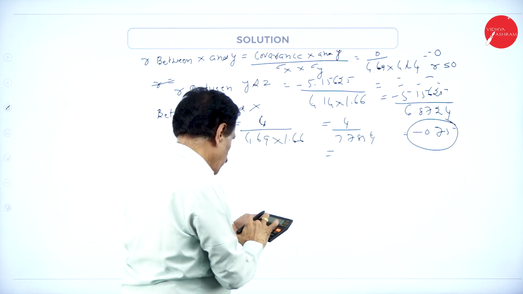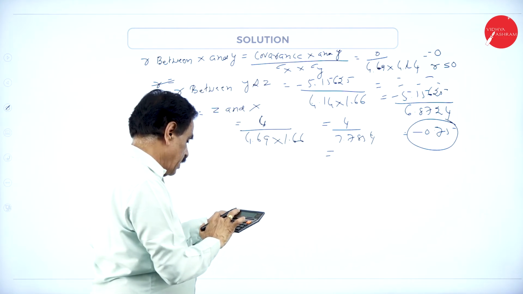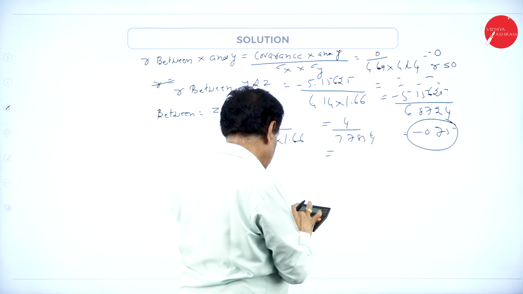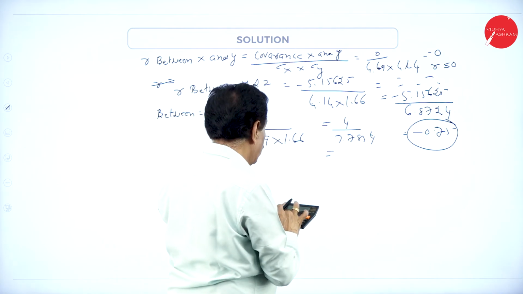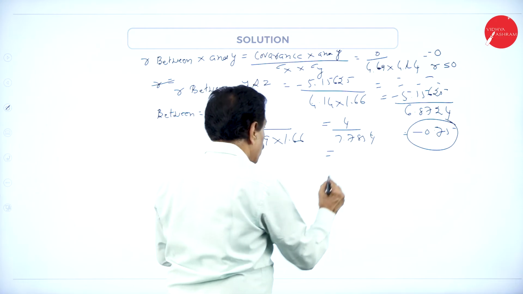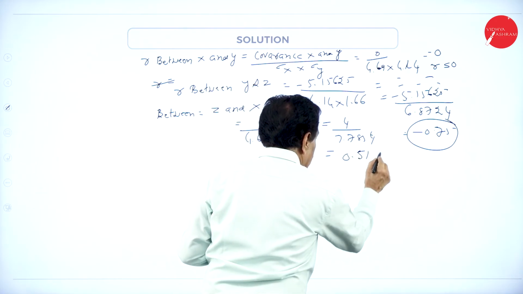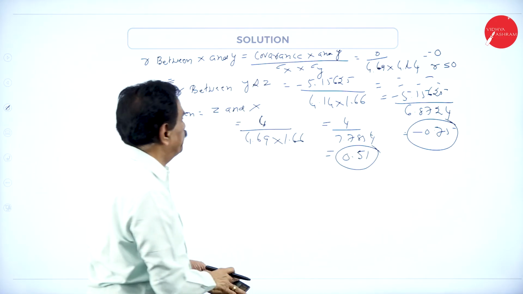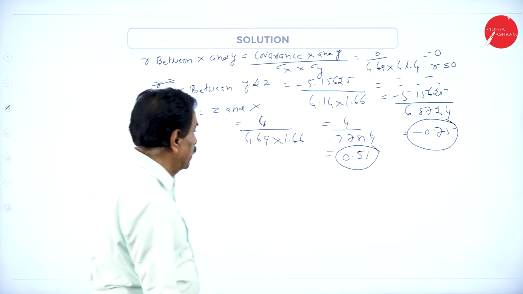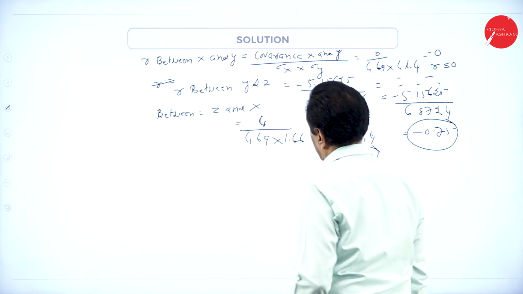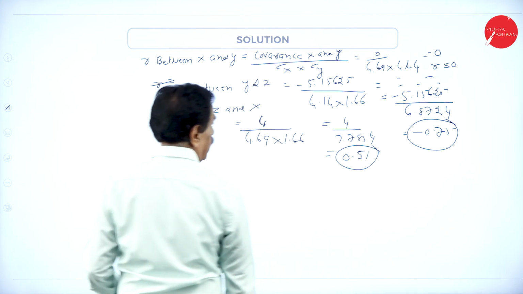Divide 4 divided by 7.7854, 0.513. Correlation. So all we have to find out, covariance and correlation, we find out.